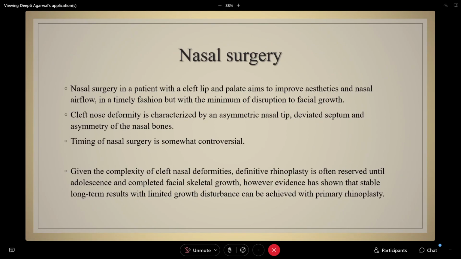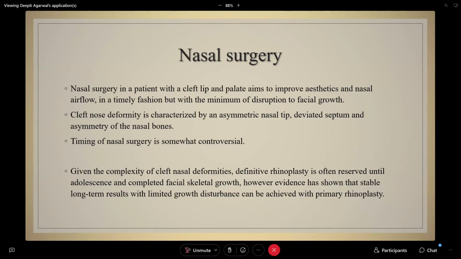And these are the adjunctive surgeries which are required: nasal surgery and alveolar bone grafting. Nasal surgery aims to improve aesthetics and nasal airflow with the minimum of disruption to facial growth. Cleft nose deformity is characterized by asymmetric nasal tip, deviated nasal septum, and asymmetry of the nasal bones.